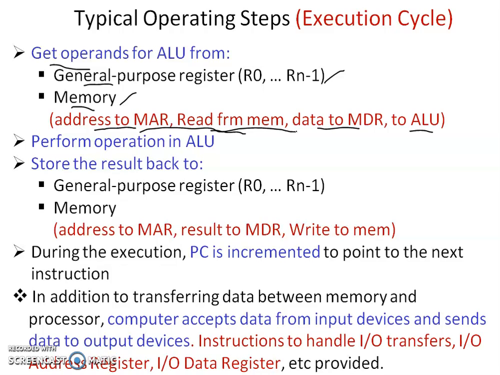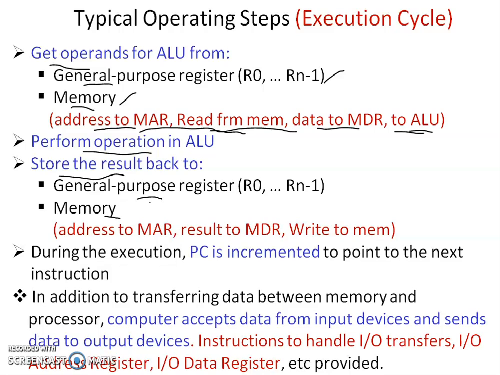Like copy the address to MAR, read from memory, place the data to MDR from the memory, and then give the data to the ALU. Then perform the operation given in the opcode field. Then store the result back to the general purpose register or to the memory. If it is frequently used, the result can be stored in the general purpose register.